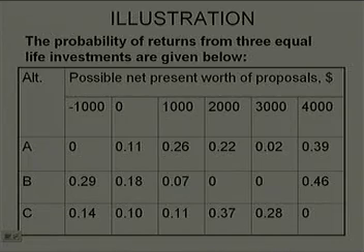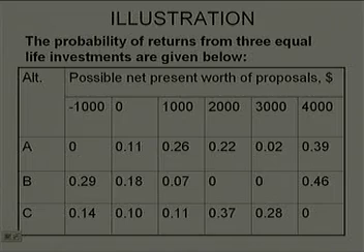Now, corresponding to alternative A, probability for minus $1,000 is 0. Probability for $0 return or net present worth is 0.11. Probability of making a net present worth of $1,000 is 0.26.